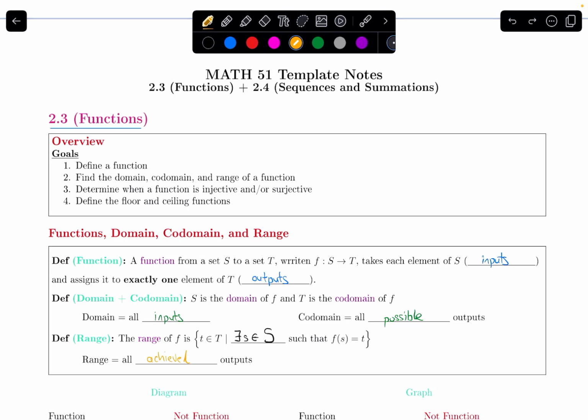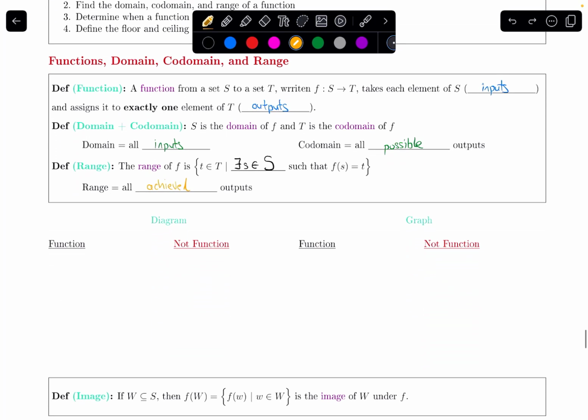So let's draw a diagram of this to get a better visual sense of what the difference is. I'm going to have an oval with the elements 1, 2, 3, and 4 in it. This is going to be my domain. And then I'll have another oval that represents the codomain. Let's say the codomain has more elements. Maybe this is 4, and this is 6, and this is -3, and then I have 8, and then I have 0.